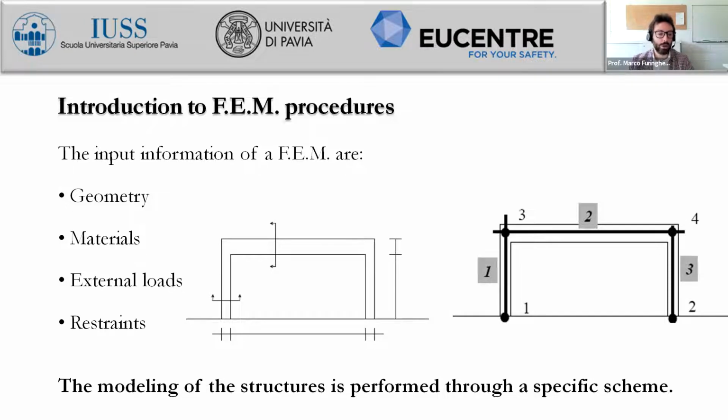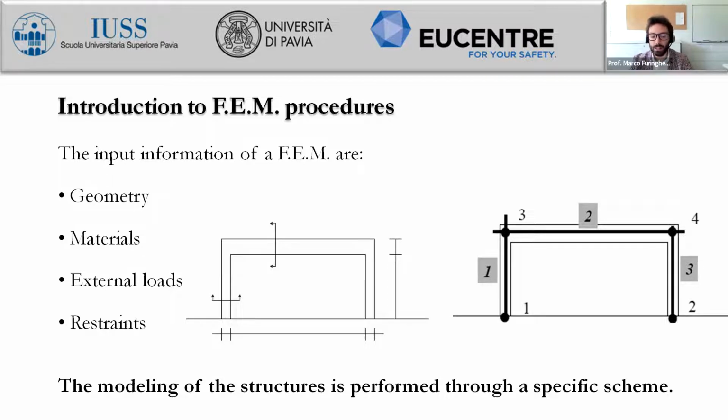And obviously, we have also to define restraints. So the degrees of freedom at certain locations where we can set equal to 0 some degrees of freedom, which could be translations or rotation or both together.